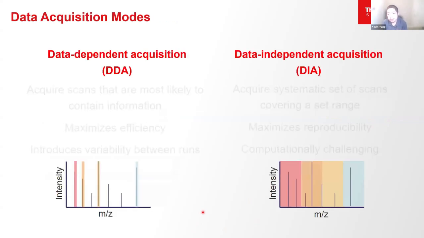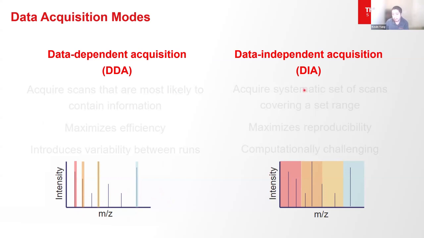With that in mind, there are two approaches in discovery proteomics, in bottom-up proteomics: the data-dependent acquisition, or DDA, and the data-independent acquisition, or DIA. In DDA, the mass spec will isolate specific precursor ions depending on the intensity, right? So you isolate the high abundance species one at a time, fragment those precursor ions, and then acquire the MS2 spectra of those precursor ions.